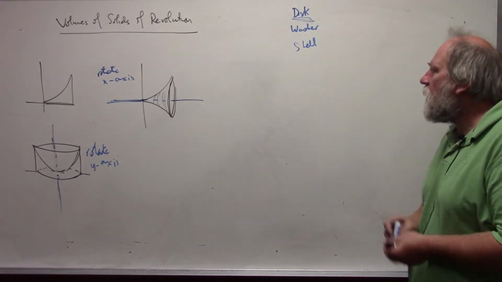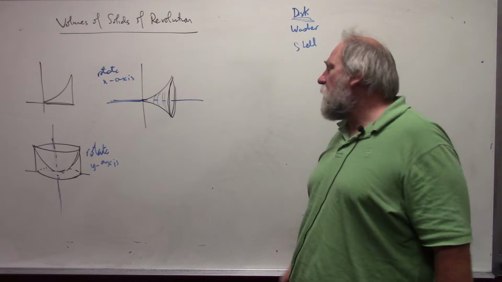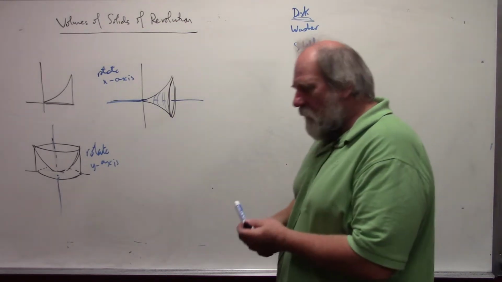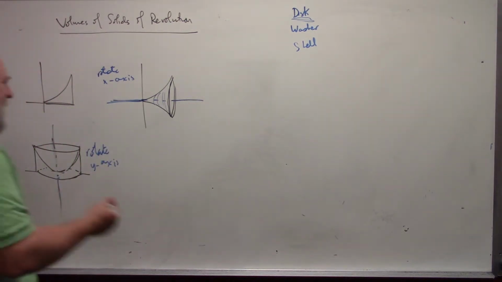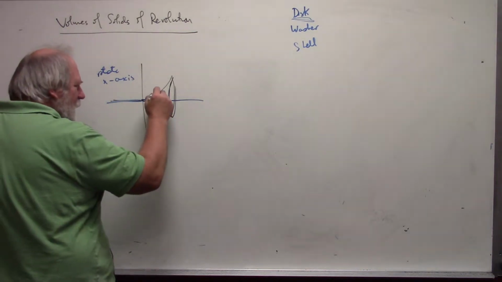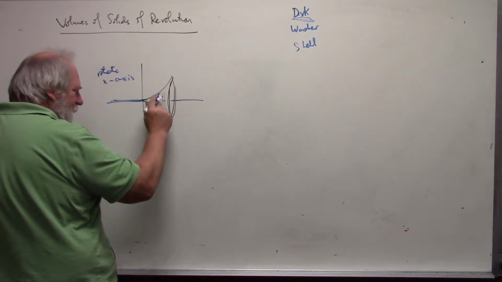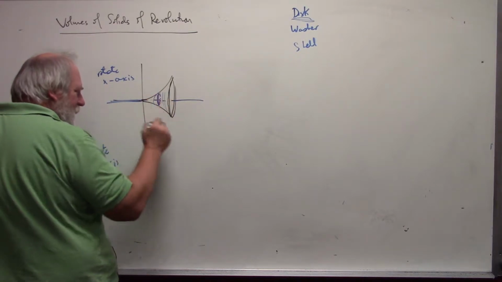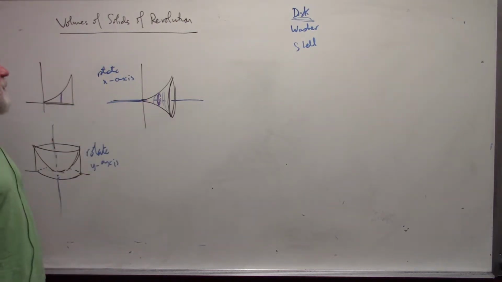The disk method is what happens when I take this first kind of situation, and when I rotate that, I get, if I were to slice the 3-dimensional object that I get after I do the rotation, a circle or a disk. And again, you have to forgive my drawing here, but this rectangle that gets rotated forms a circle, and so when I slice it, it becomes a circle or a disk.